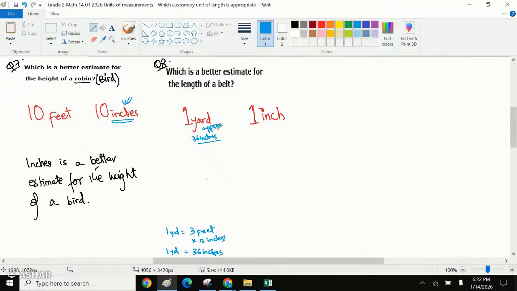I'm not doing an accurate, I'm just doing an approx, right? So what is the better estimate? Yes, 1 yard. We can say yard is a better estimate for finding the length of a belt. Agreed?